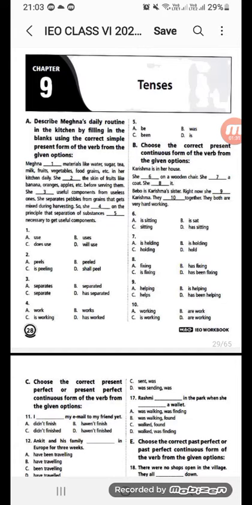Now, pay attention to some special verbs, that is be, have, will and shall. Be, which is spelled as b-e, the verb be can be used as the main verb or the helping verb.